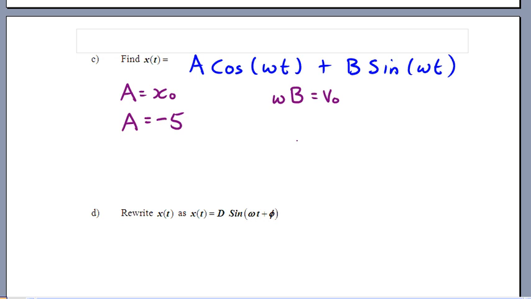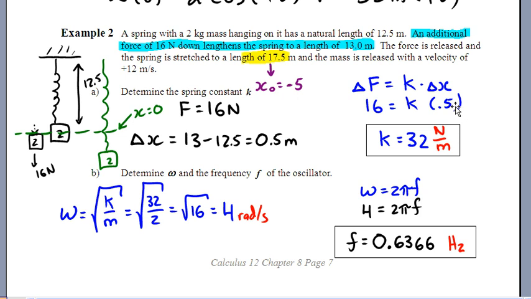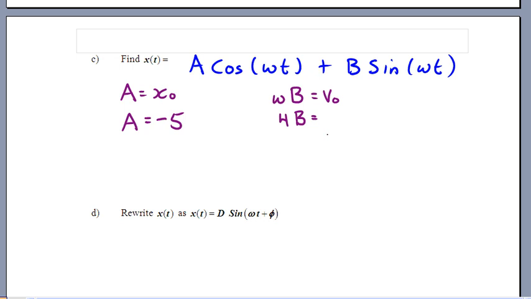So that omega value, which we know is 4, right? So we have 4 multiplied by B, has to be that original velocity. And they did mention it. They said we're going to start with an original velocity of positive 12 meters per second. So that has to be a 12. Okay, it looks like B needs to be a positive 3.